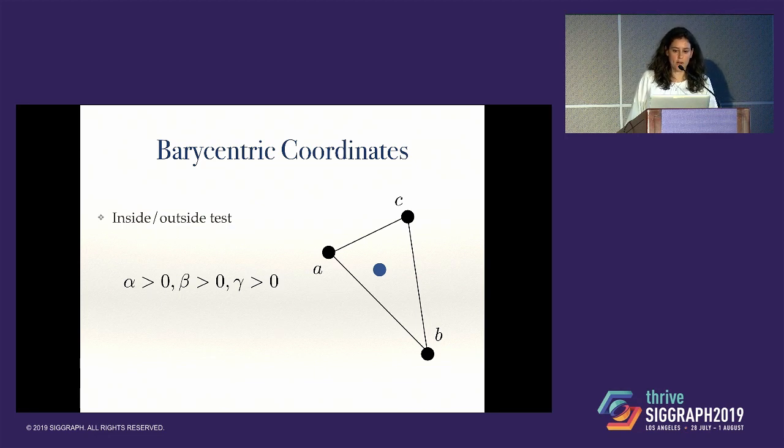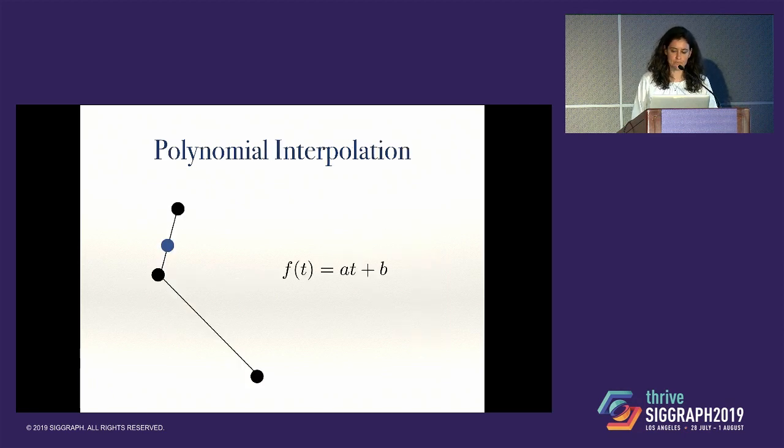If they're all positive, then the point is inside the triangle. Whereas if a point has one or more negative barycentric weights, then it's outside the triangle. In that case, that area will actually be negative if I'm careful about signs. So we're actually talking about signed areas here.